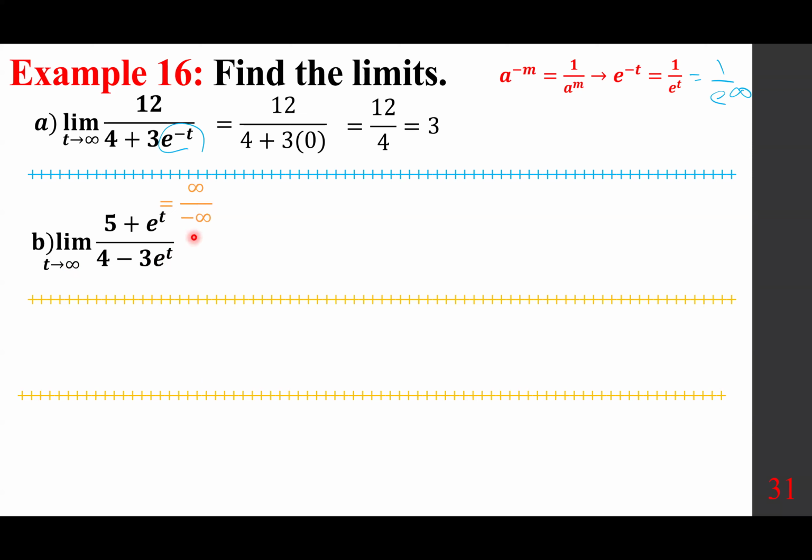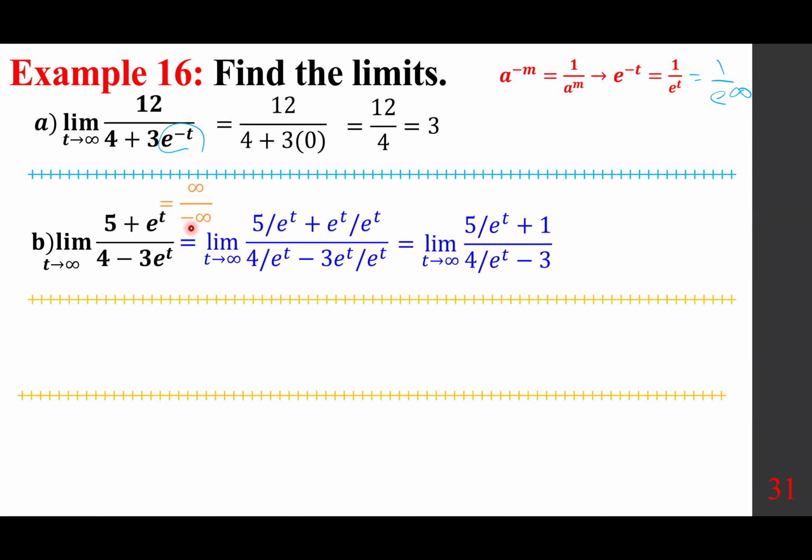By the way, the bottom, because of this negative 3 in front of e to the power of t, becomes negative infinity. So divide by e to the power of t and simplify. E to the power of minus t, because t goes to infinity, that is 0, that is 0. Positive 1 over negative 3 is the final answer, or negative 1/3.